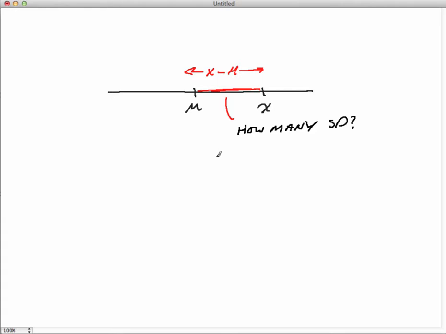In other words, what a z gives us is the number of standard deviations that we're able to fit between those two. So z is equal to x minus mu, the difference between our observed point and the mean, divided by the standard deviation, and that gives us back the number of standard deviations that x fell above or below mu.